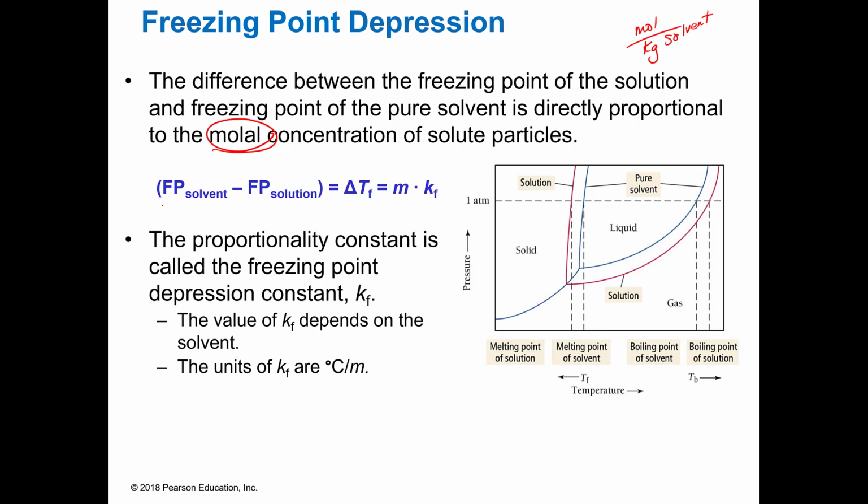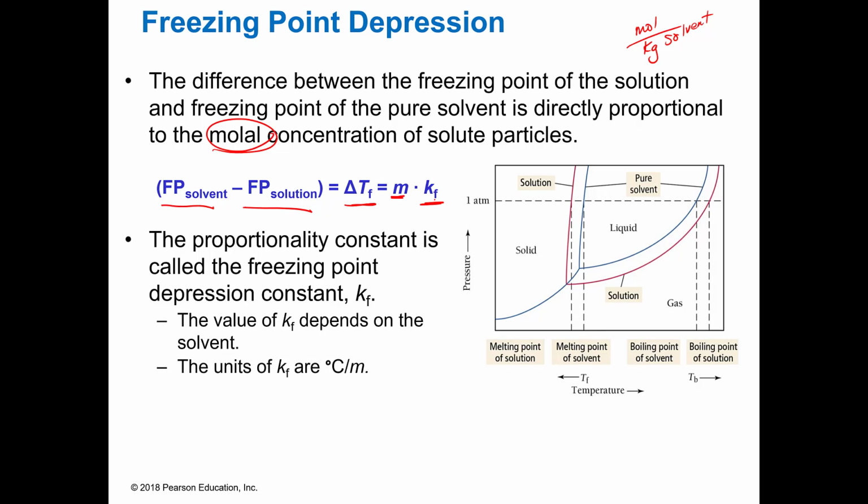So the freezing point of the solvent minus the freezing point of the solution is equal to delta T, the change in the freezing point, and that is equal to the molal concentration times a constant.